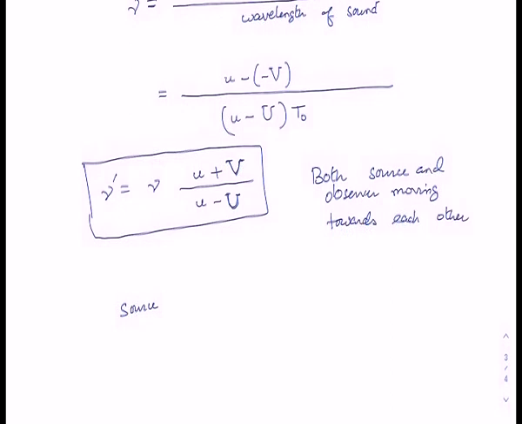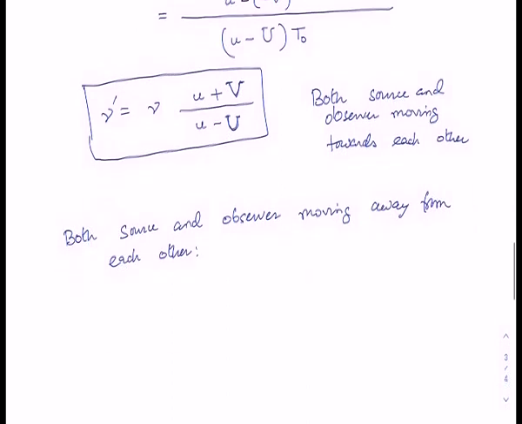And now we can also consider both source and observer moving away from each other. So this also you can work out if you have understood whatever I have explained.